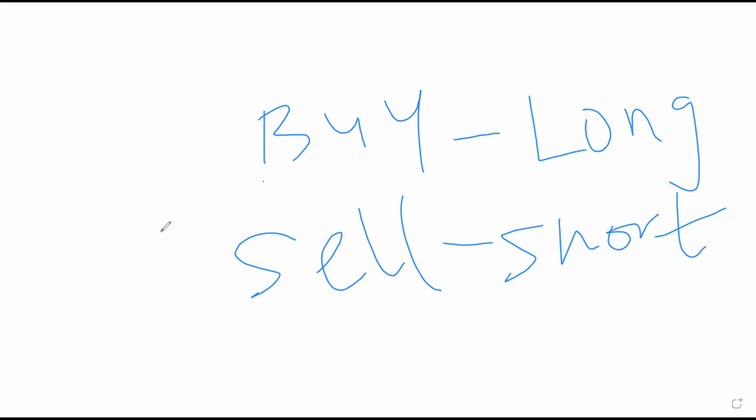Yes, we are. Okay. So whenever you hear someone say, I'm going short, it means the person is trying to tell you that I'm going to sell. When you hear buy, it means the person is telling you, I want to go long. Or when a person says long, it means I want to buy. All right. So these are terminologies.